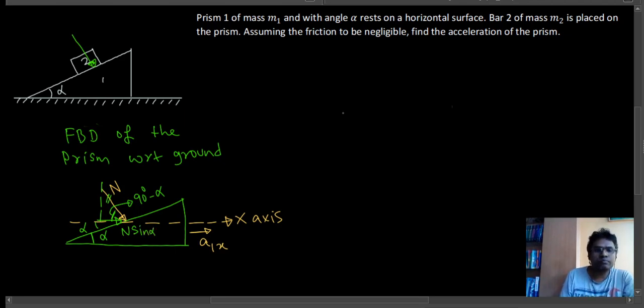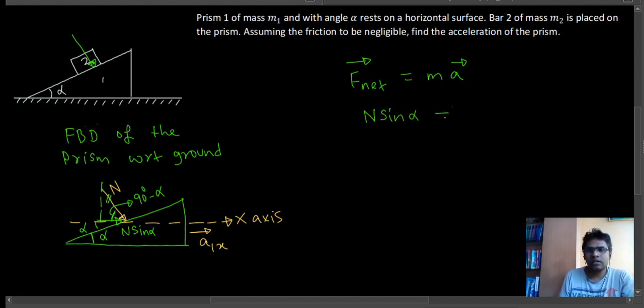So if you apply Newton's second law, net force is equal to mass into acceleration, for the prism we get the net force n into sine alpha along the horizontal line, and that is equal to the mass of the prism m1 multiplied by its acceleration a1x.